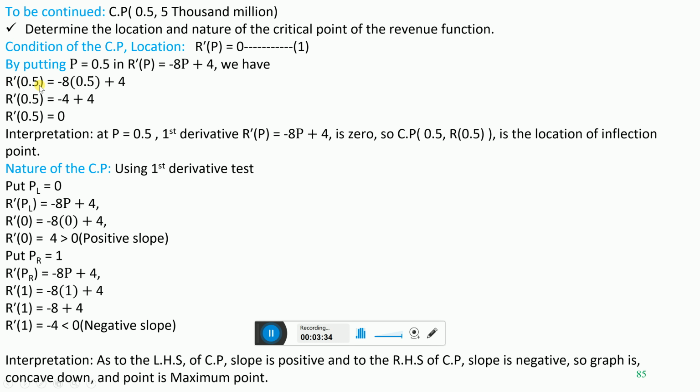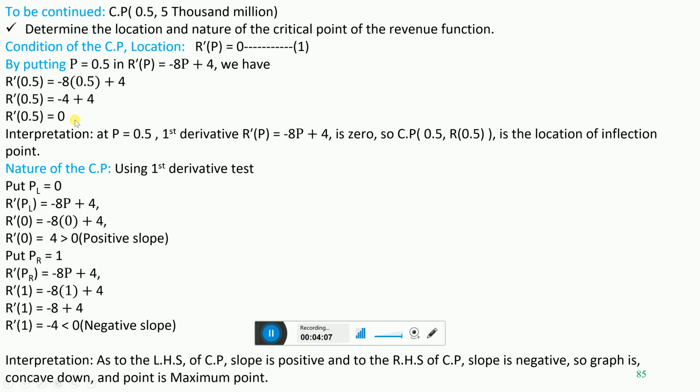R prime of 0.5 is equal to minus 8 multiplied by 0.5, which is minus 4, plus 4. R prime of 0.5 is equal to 0. Why is this 0? Because minus 4 cancels out with plus 4, and when the price is 0.5, at this point the first derivative, the slope of the function for P equal to 0.5, is equal to 0.